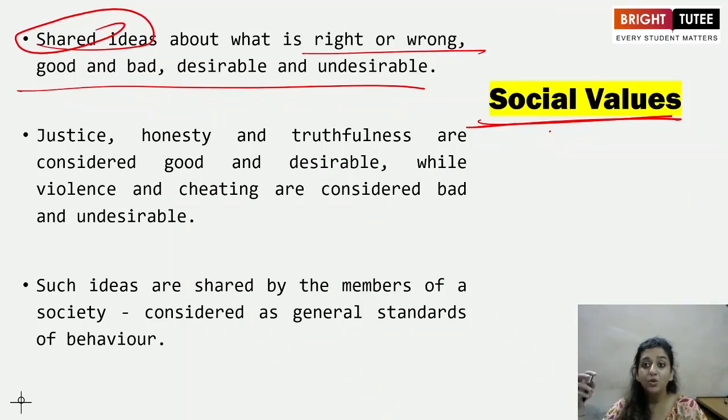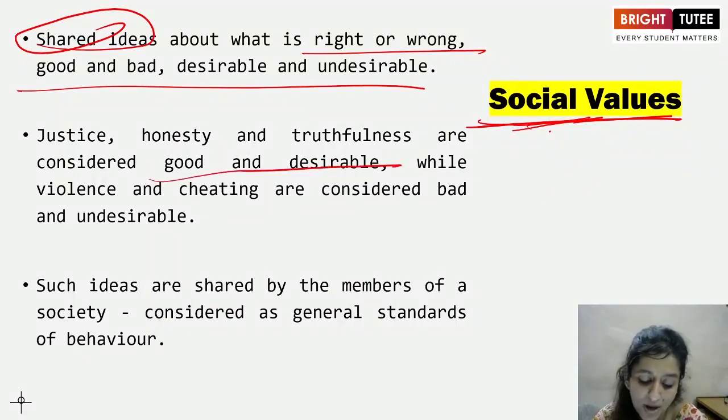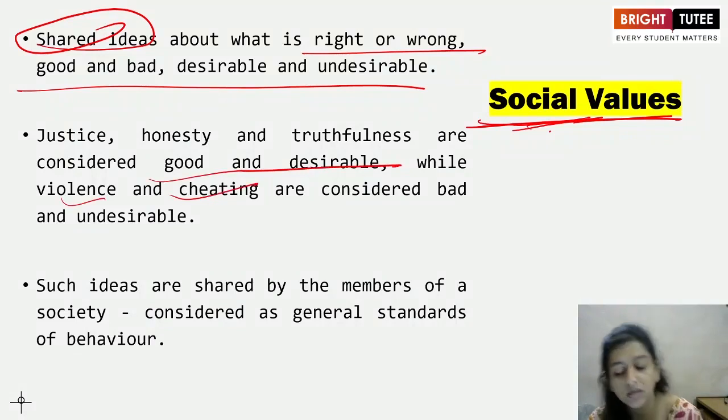What values should be acceptable, what values should not be acceptable, what values should be considered good, and what values should not be considered good is what makes up the aspect of social values. Justice, honesty, and truthfulness are considered good and desirable, while violence and cheating are considered bad and undesirable.